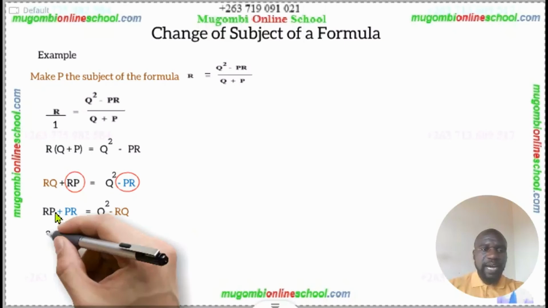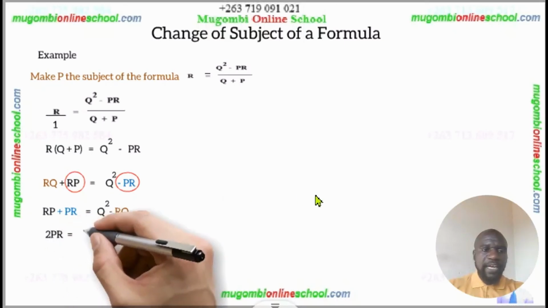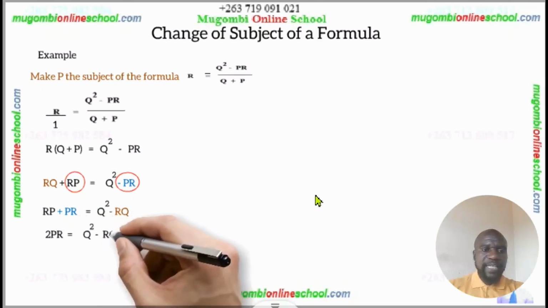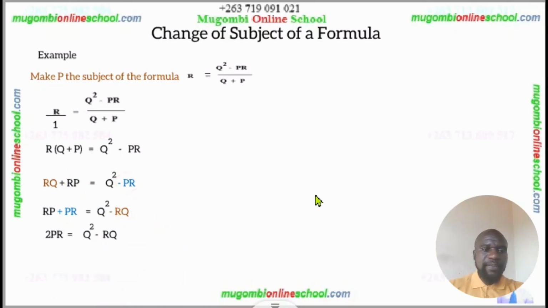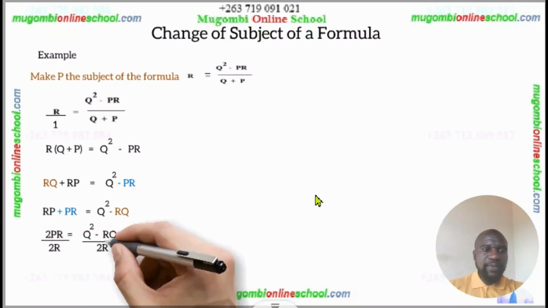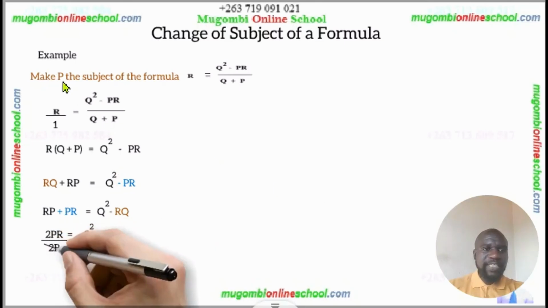So RP plus PR, this is the same as RP plus RP, which is equal to 2PR, which is equal to Q squared minus RQ, and then we have to divide both sides by 2R for us to remain with P, since we are required to make P the subject.